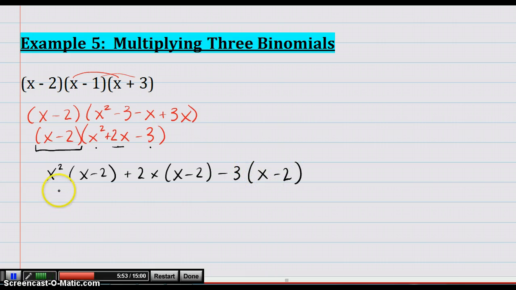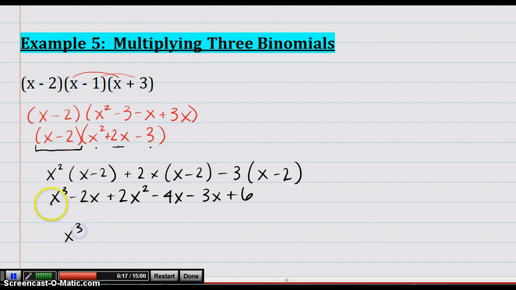And then distribute through. So we have x cubed minus 2x plus 2x squared minus 4x minus, don't forget to distribute that negative to both terms. We have minus 3x, and the minus times the minus makes it a positive, so you have plus 6. And the final step is add the like terms.